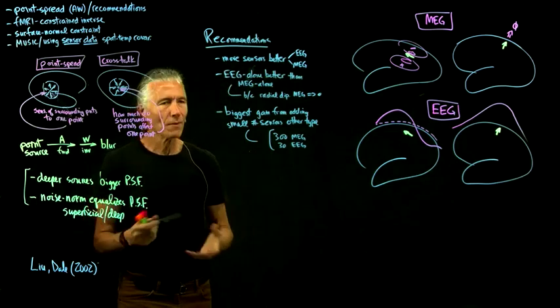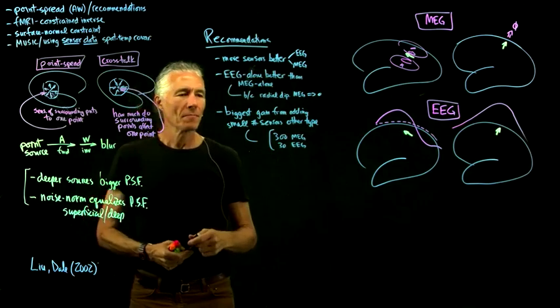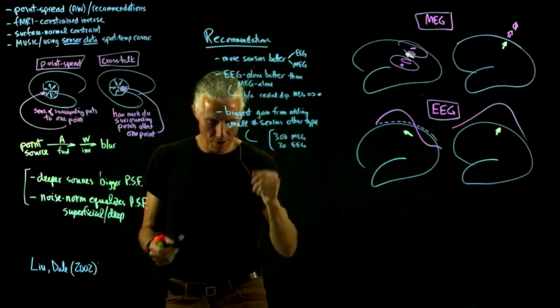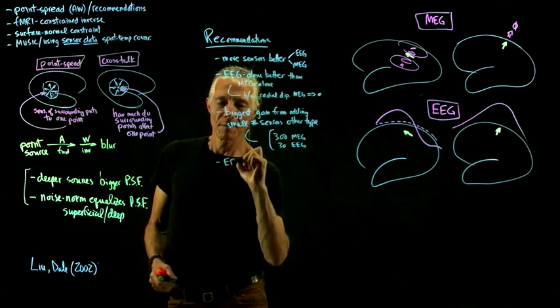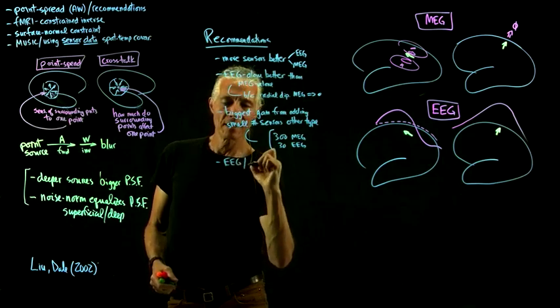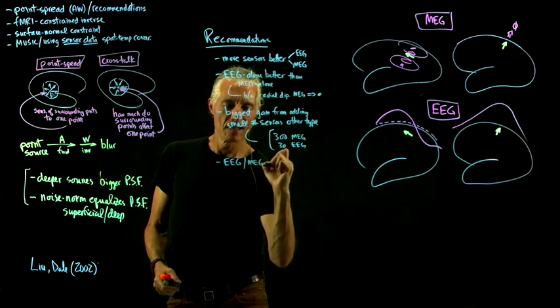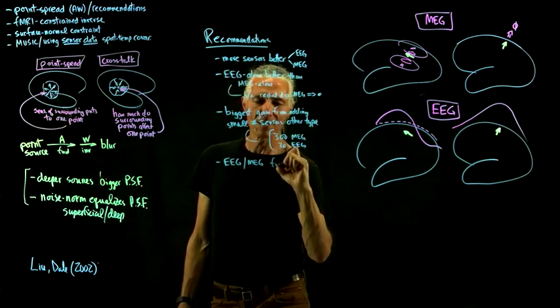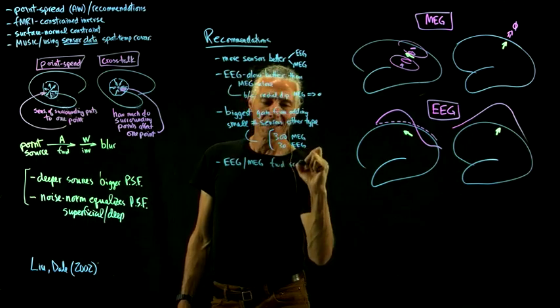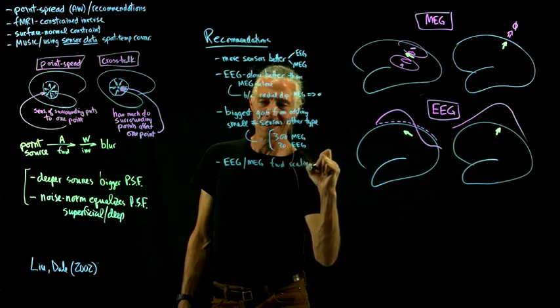And then finally, the fourth thing is that there's a problem, which is that the EEG, MEG forward solution scaling is not straightforward.